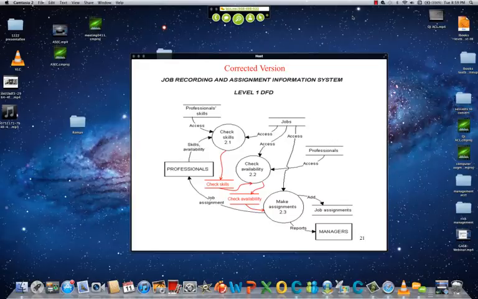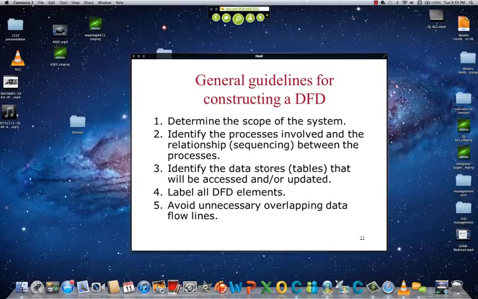So what you do is draw a convex line, a curve, which indicates that this is the continuation of this arrow. So please note this. Okay, good.